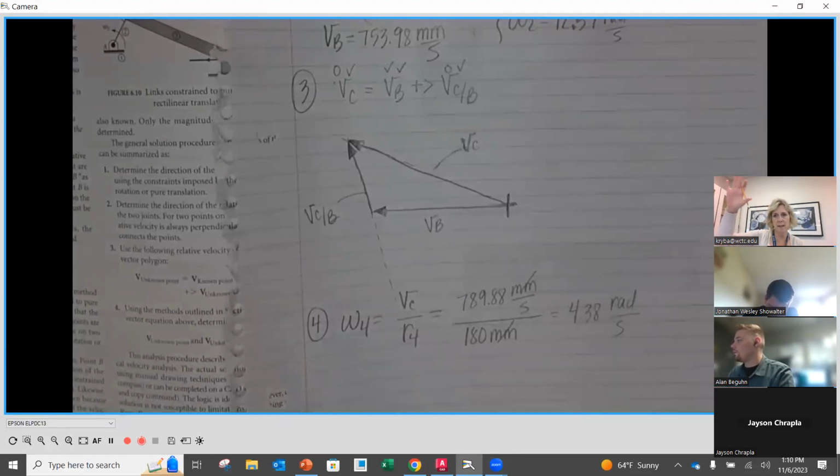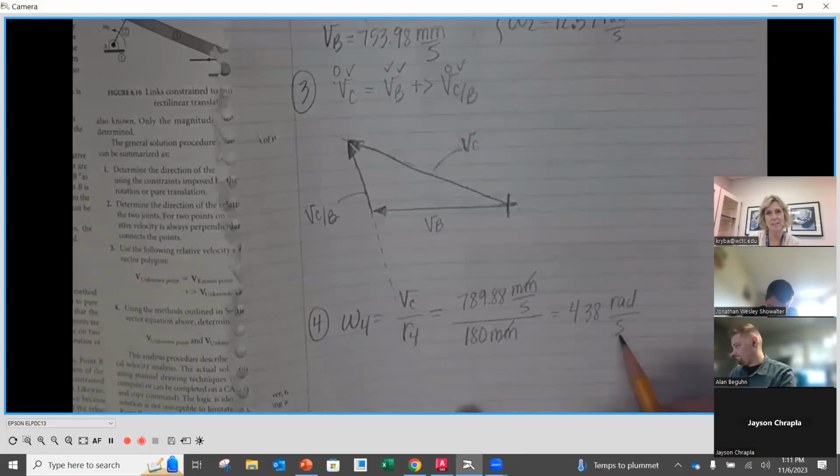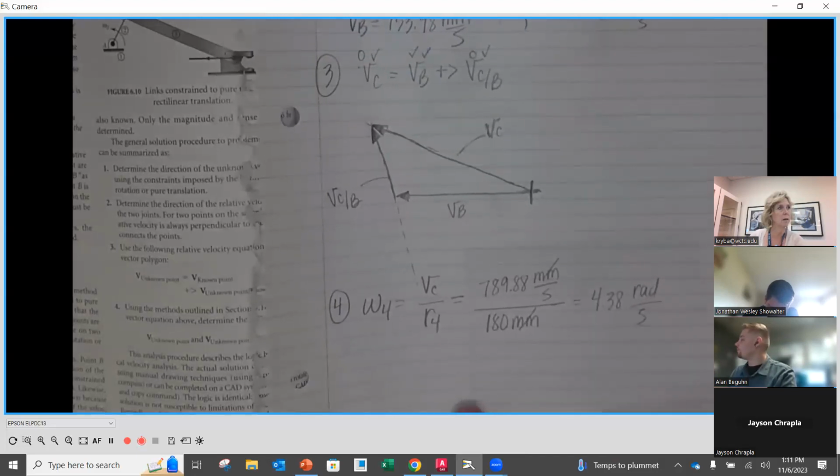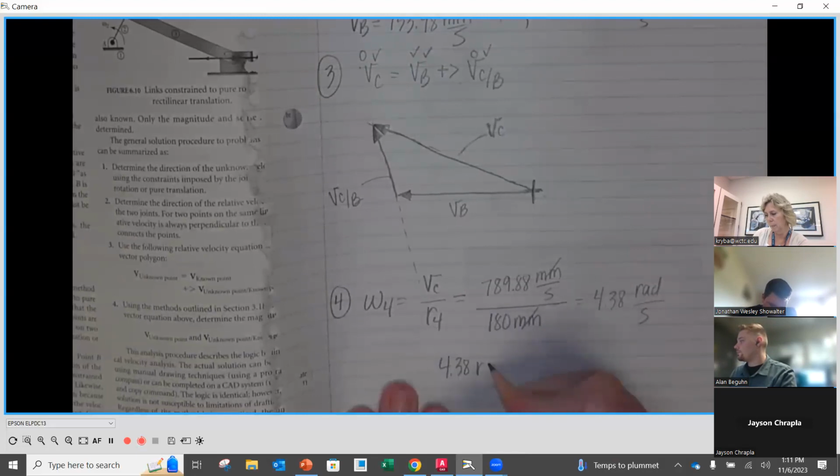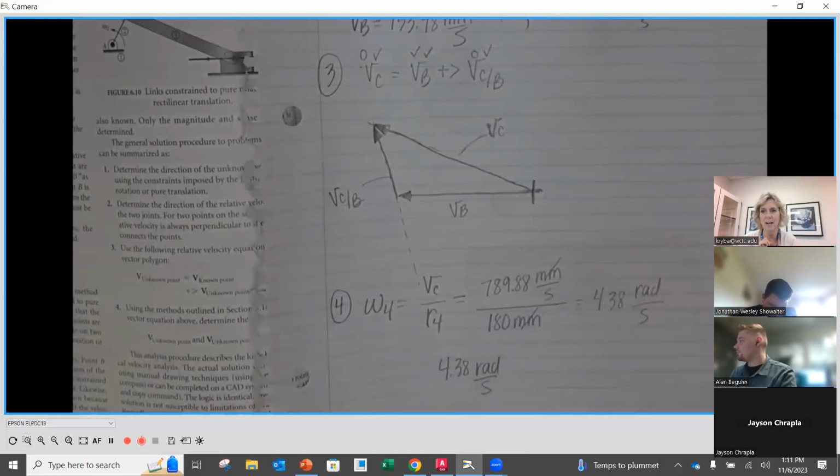So there was nothing per second, right? So radians magically appear for us. So now what do we need to do with this number? 4.38 radians per second. We need to do what? Convert it to RPMs, correct. So our 4.38 radians per second, go ahead and convert it to revolutions per minute.